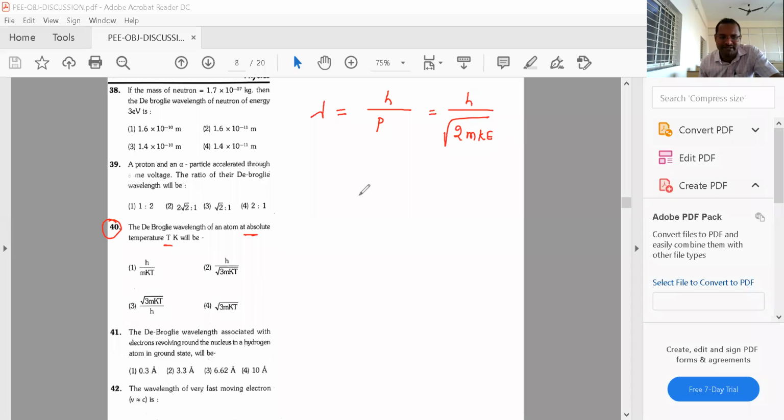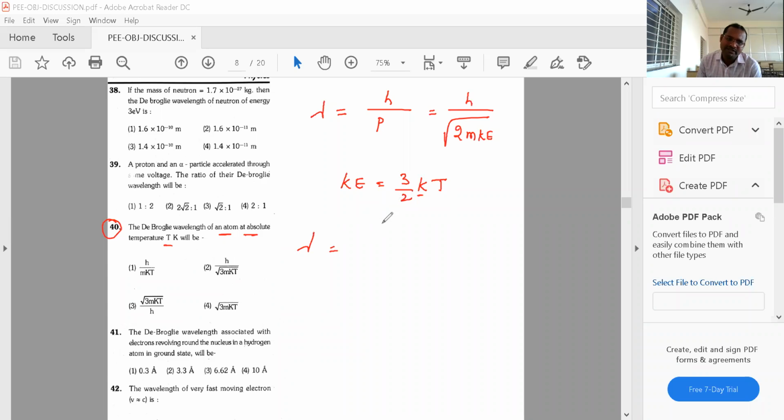Because this is an atom, atoms means gas molecules, the kinetic energy of atoms in terms of temperature is 3 by 2 kT, where k is the Boltzmann constant, 1.38 into 10 to the power of minus 23. Substitute here.